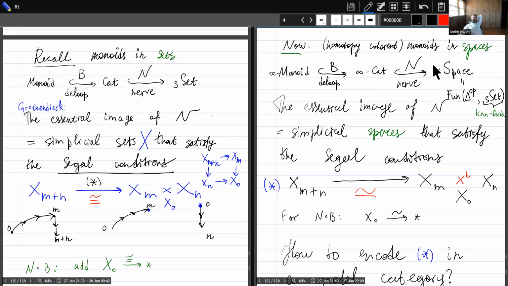Because of course, if you have a strictly associative composition, then the strictly associative composition will induce a homotopy coherent composition. So in that respect, you do have an infinity category that you can obtain from any topological category. So maybe in that sense, the Segal conditions will be satisfied here.